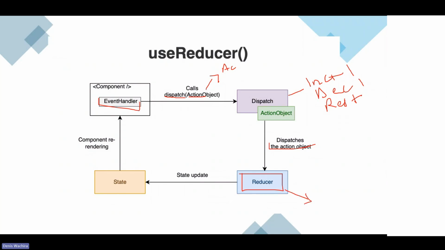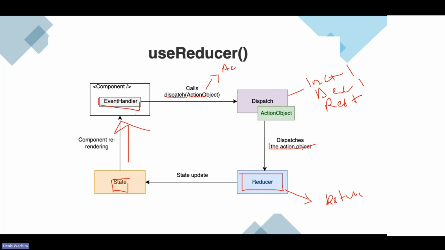Remember, the reducer returns the new state. That new state is what you render in your component. So that is the cycle that happens when you have a useReducer. And that is what we now want to implement in our code and see how we can work with useReducer.